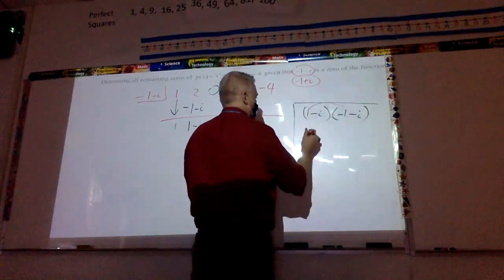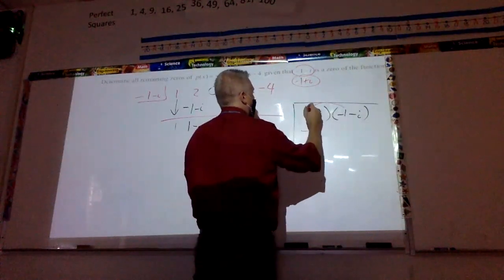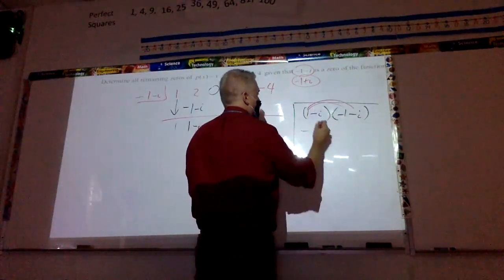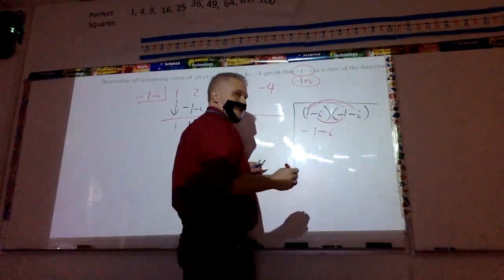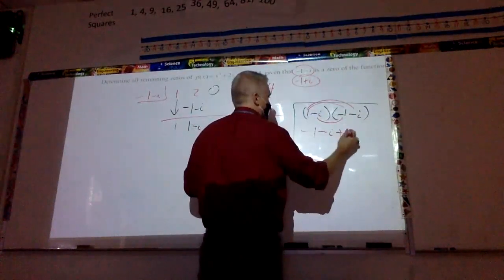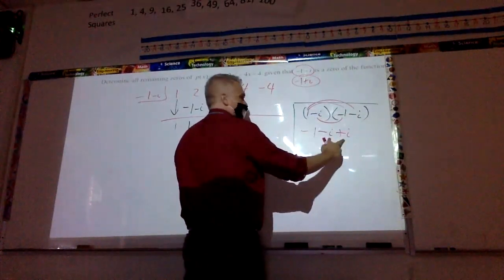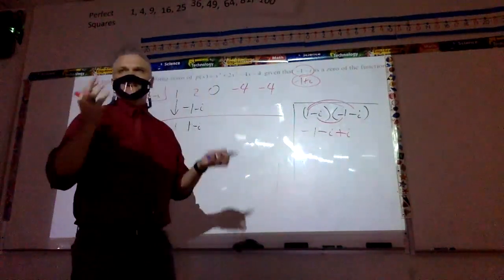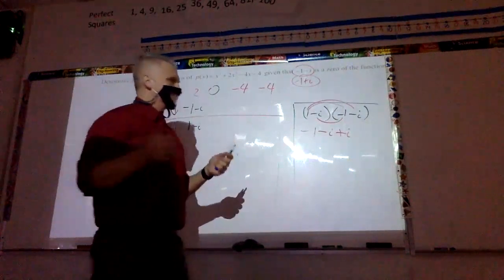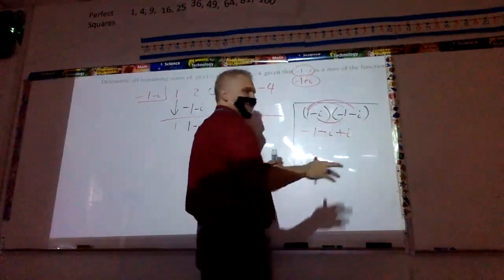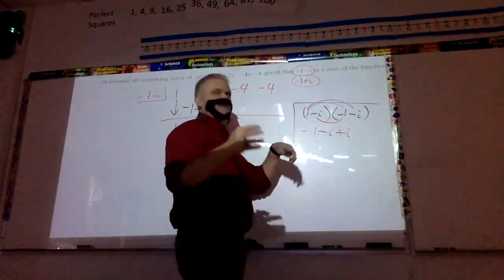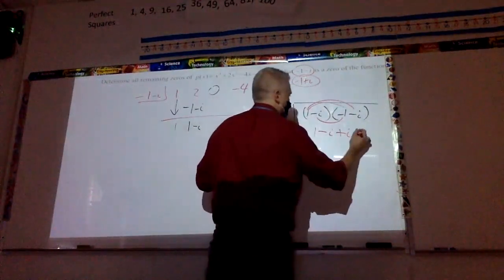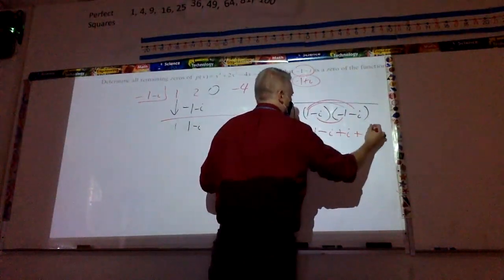1 times negative 1. 1 times minus i. Minus 1 times minus i is plus i. Canceling nicely. Now, this is the only other part where people will have difficulty. Treat it like it's an x. What's minus x times minus x? It's plus x squared. So this is plus i squared.